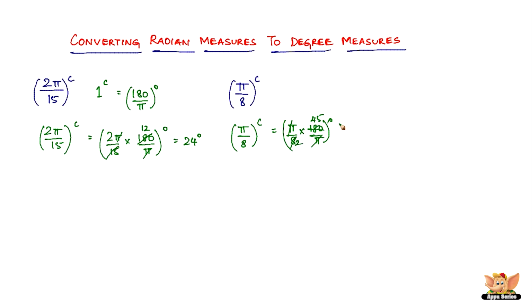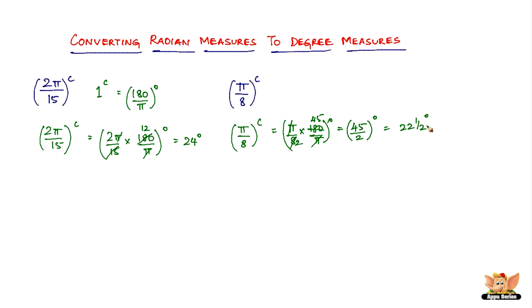So what we have is 45 by 2 degrees, which is equal to 22.5 degrees.